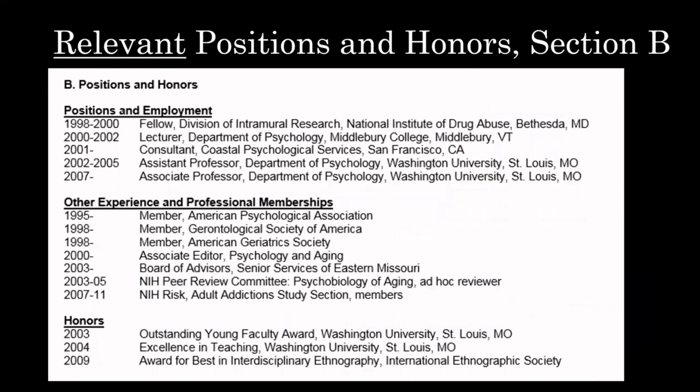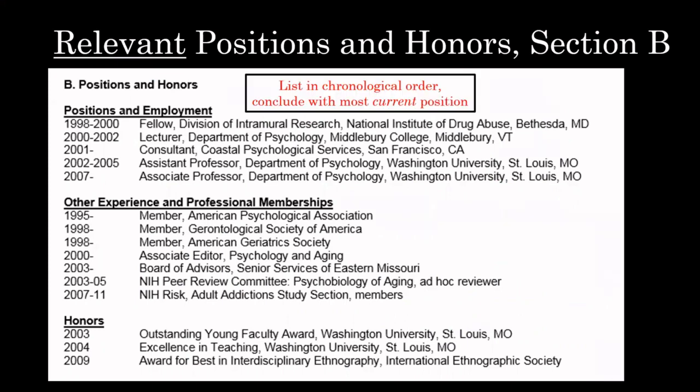Next up is Section B, and this is their positions and honors. This is always, again, completed by the PI. List in chronological order and conclude with the most current position. Here you can see that we left the end date open because their current position is, in this case, an associate professor in the Department of Psychology.